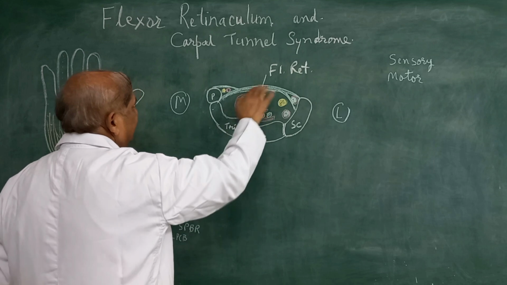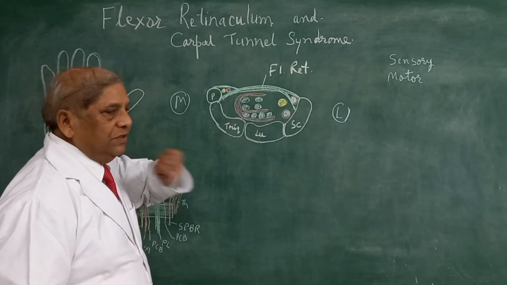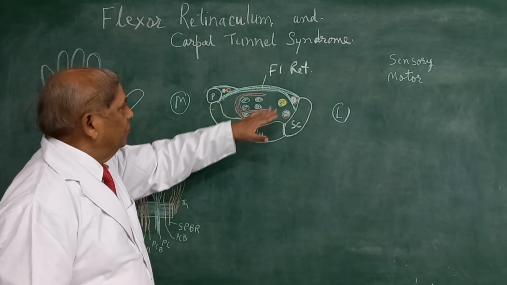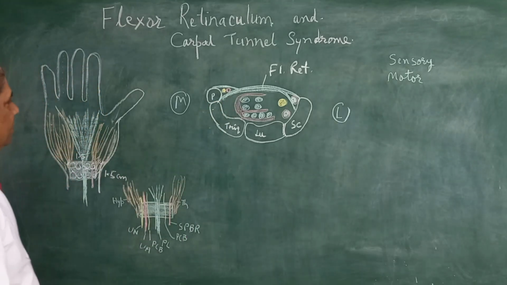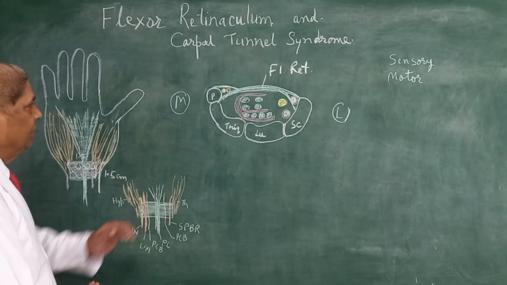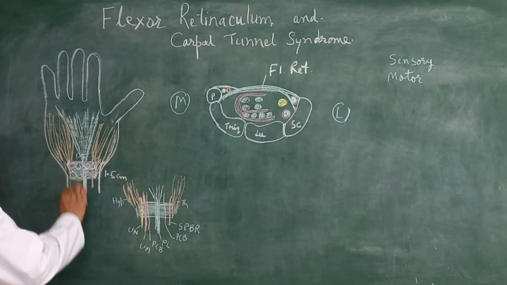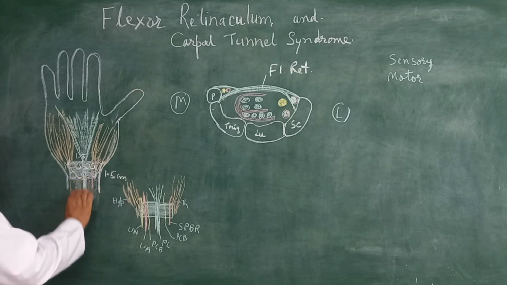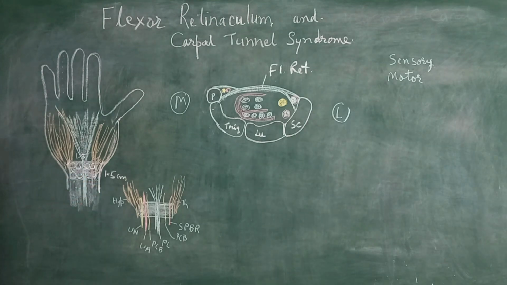So deep to the flexor retinaculum, there is a space called the carpal tunnel, formed by the bones and the fibrous band of the flexor retinaculum. Proximally, the flexor retinaculum becomes continuous with the deep fascia covering the front of the forearm.